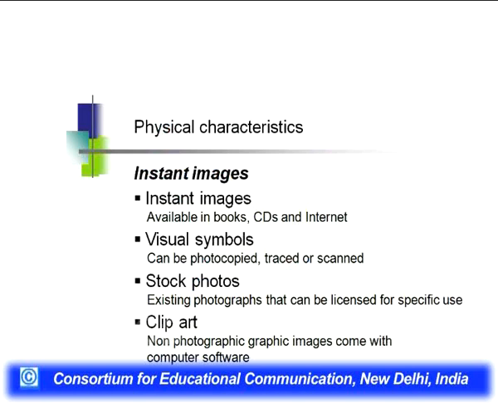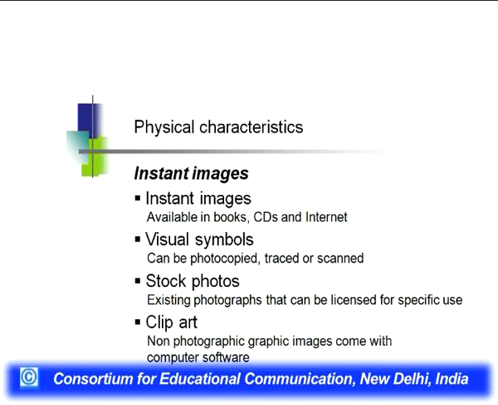Instant images. This is another physical form of images, because we need to make our communication message visually interesting, since a communication message only with text is sometimes boring. We try to make it more interesting by using visuals, but many of us are not very expert in drawing, or the photographs are not instantly available.